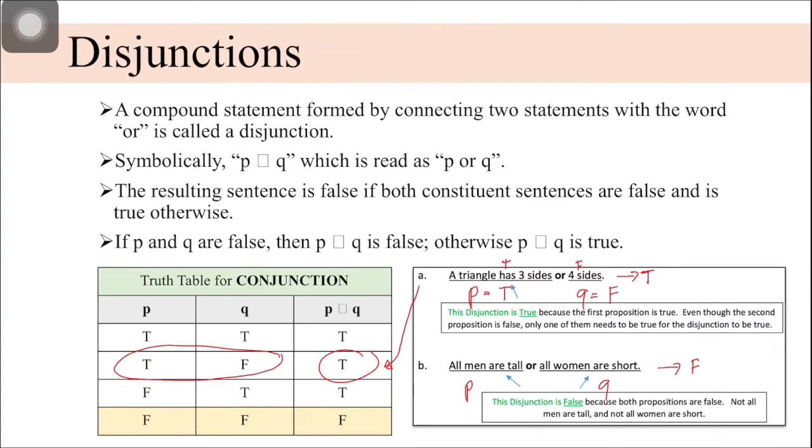Tanan bang laki tall? No, this is false because naapoy ubang laki nga dili nga mga puto o dili tall. Or all women are short. Not all women are short. There are also other women who are tall. So this is false. So then the resulting sentence is false. So manisya.